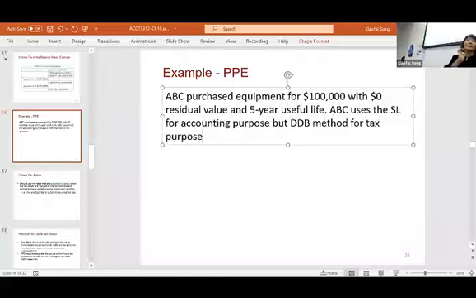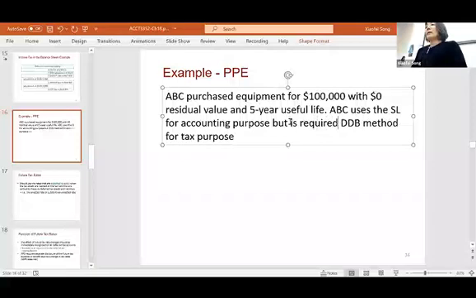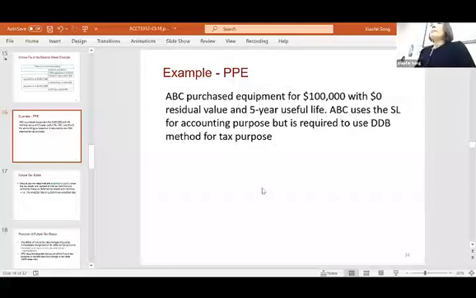Just assume that it is required to use double declining balance for tax purposes. So what would happen is the depreciation will be different each year for accounting purposes and for tax purposes.